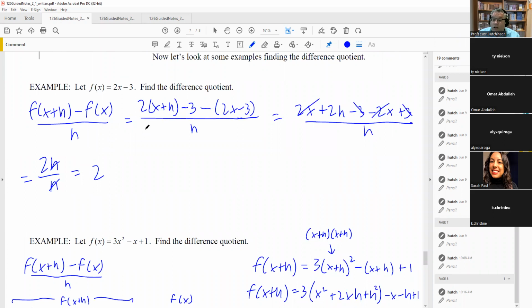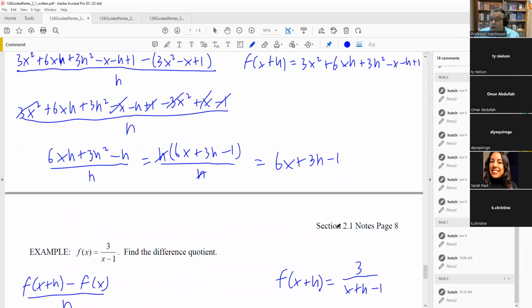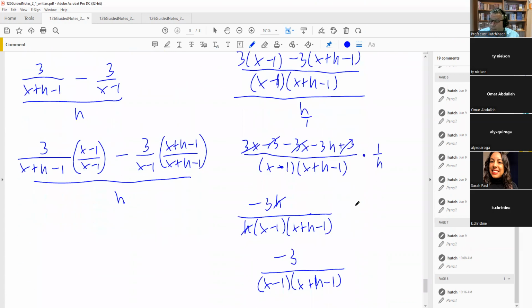As you notice, every single time you should be able to cancel an h out. If you can't cancel out an h, that means something probably went wrong, so you want to go back and check it. You should always be able to factor out an h and cancel it out on every problem that you do here. Okay, so that canceled out.